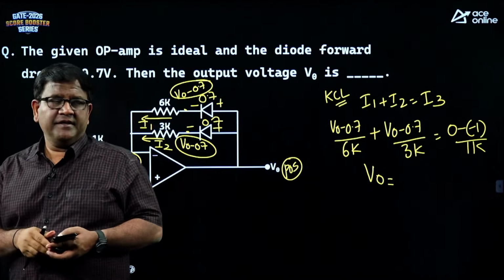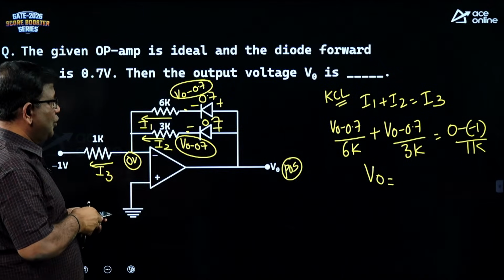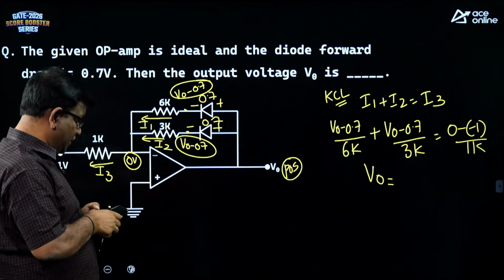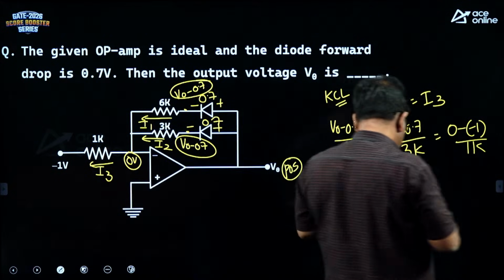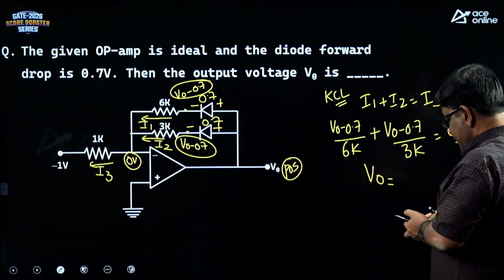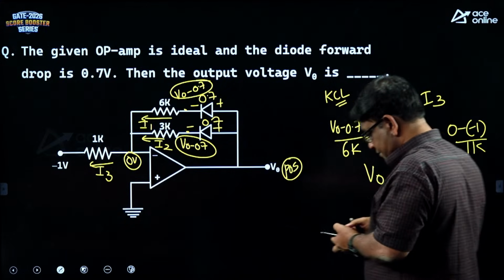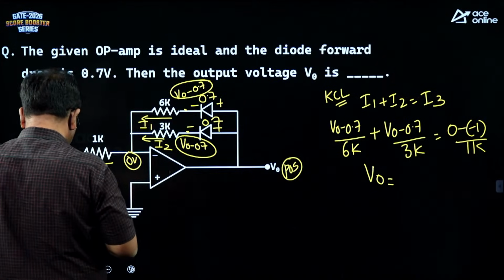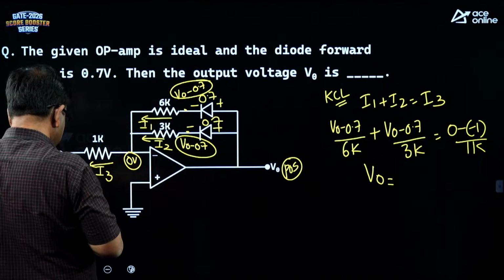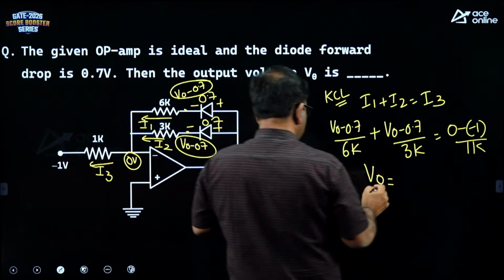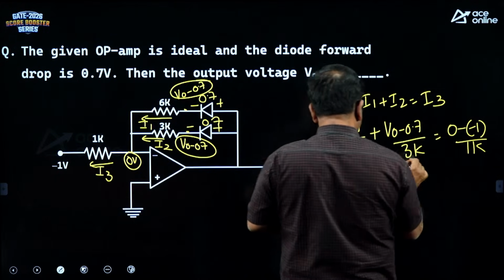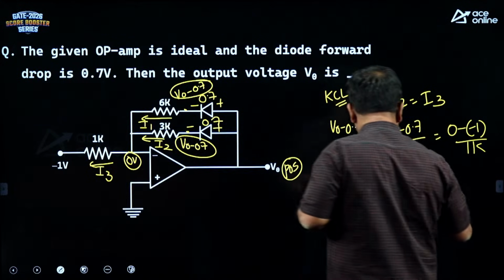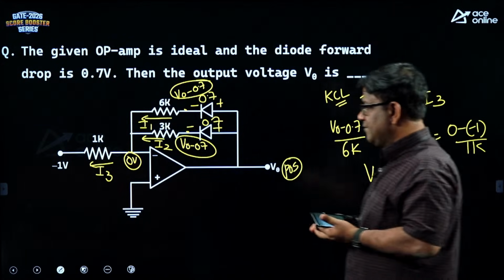So, 6K and 3K are in parallel, which is 2K. Then 2K times 1 milliampere is 2, plus 0.7, so 2.7 volts is the right answer.